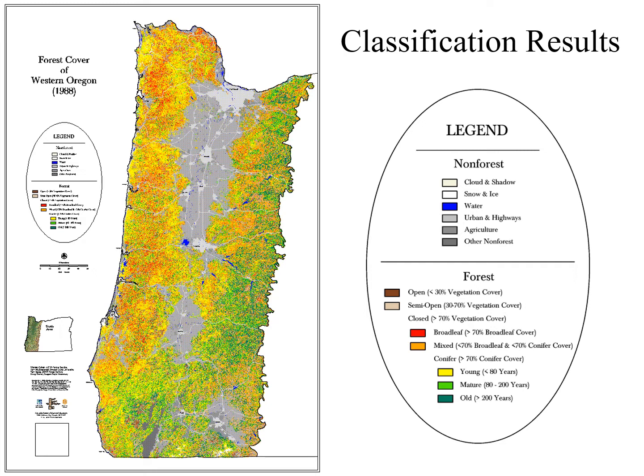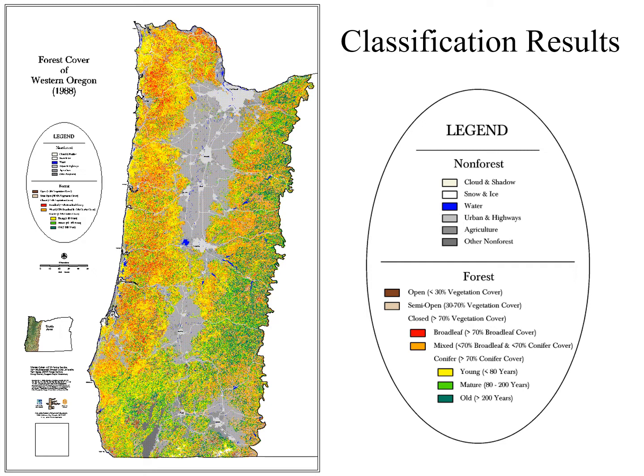And so the forest classes are the ones that people are really interested in. Open forest, that is less than 30% vegetation. Semi-open forest, 30 to 70% vegetation. And then closed forest, greater than 70% vegetation cover.